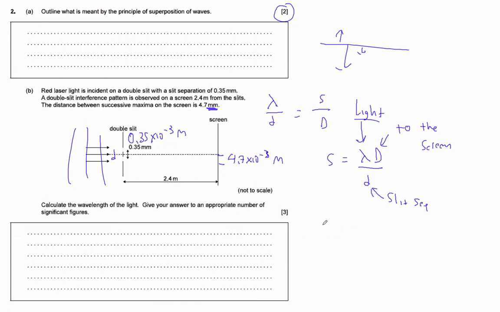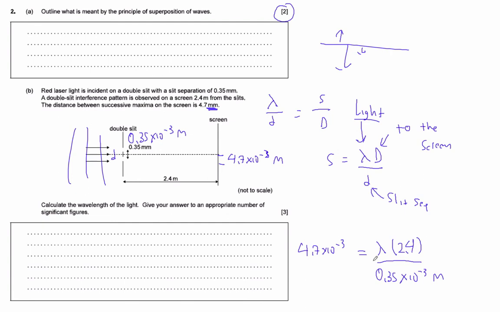Okay, so we just plug that in. You're going to plug in 4.7 times 10 to the minus third is equal to lambda that we don't know, the distance to the screen is 2.4 meters, and then the slit separation is 0.35 times 10 to the minus third meters, right? And you did this one as a quiz, I think, didn't you?